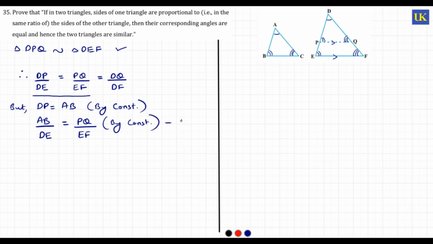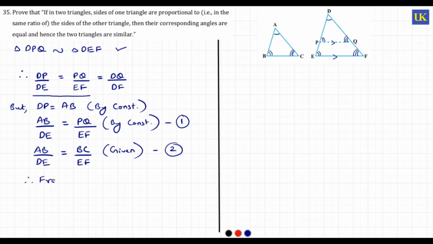Let me number this as 1. Then AB upon DE is equal to BC upon EF. This we are writing as per the given. You can check by going back to the previous slide that AB upon DE is equal to BC upon EF. This is as per the given statement. So let me write this as 2.